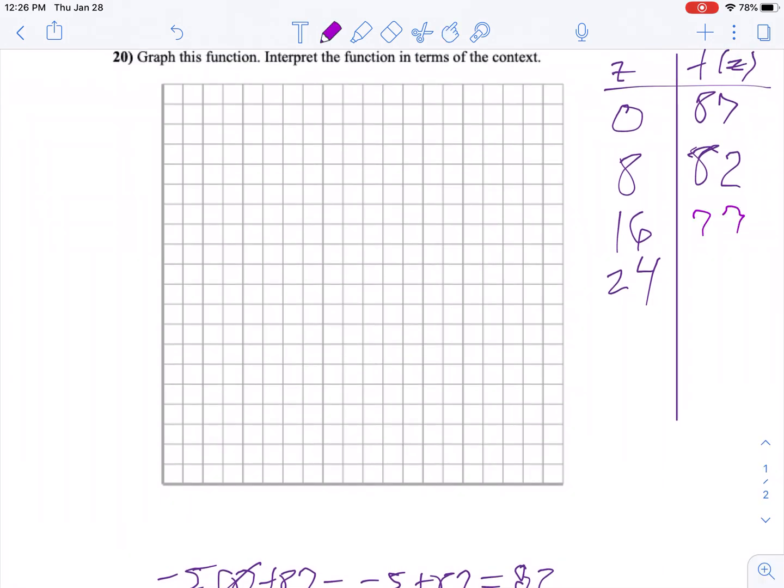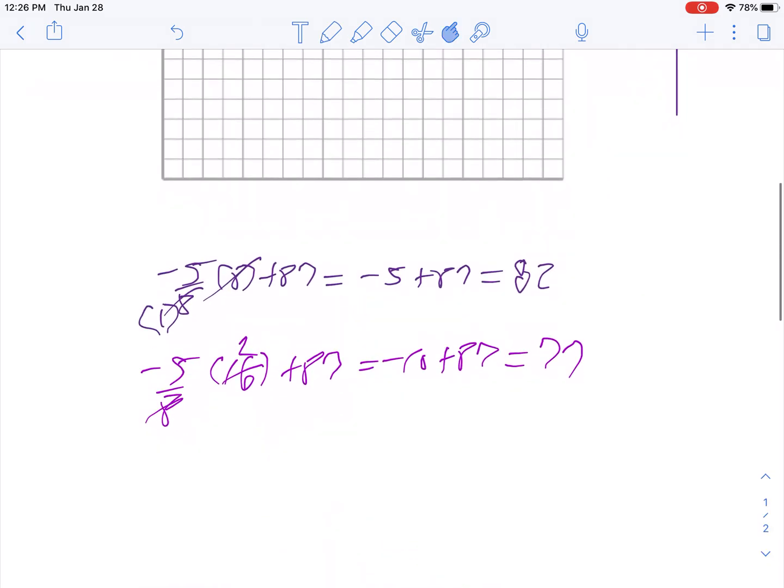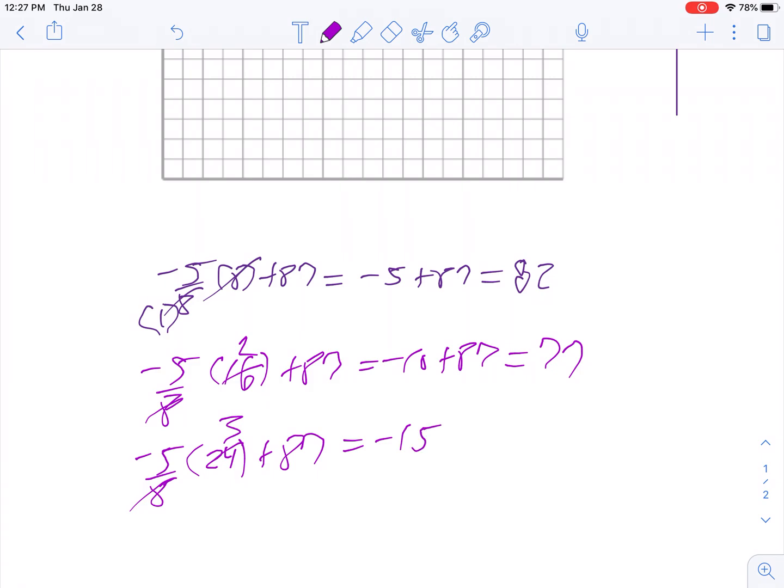Finally, let's do 24. So you have negative 5/8 times 24 plus 87. 8 goes into 24 three times, so we have negative 15 plus 87, which would be 72. Now we're going to graph this.